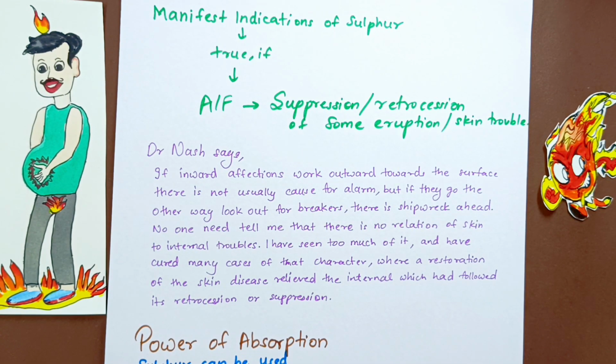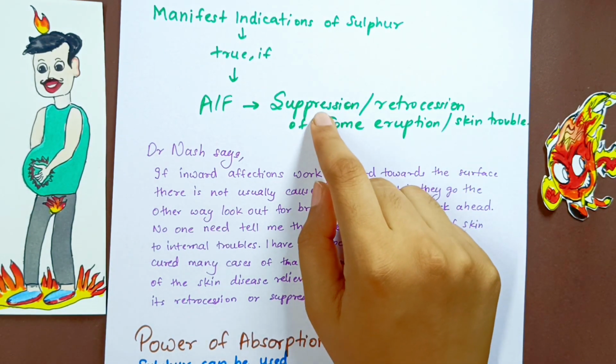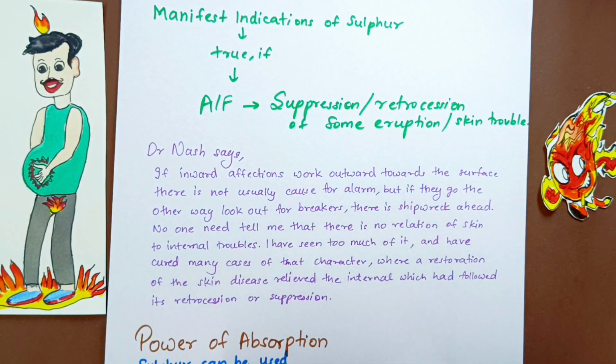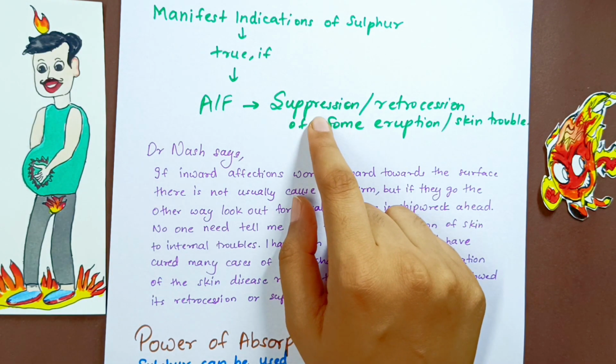So if you had an eruption or any skin trouble and you suppressed it with an ointment, or you just applied it on, the problem always lies inside of you. Your vital force is deranged, and that is why your body is telling you, through the symptoms it produces, that the vital force is deranged. Those symptoms should not be suppressed by any kind of ointment.